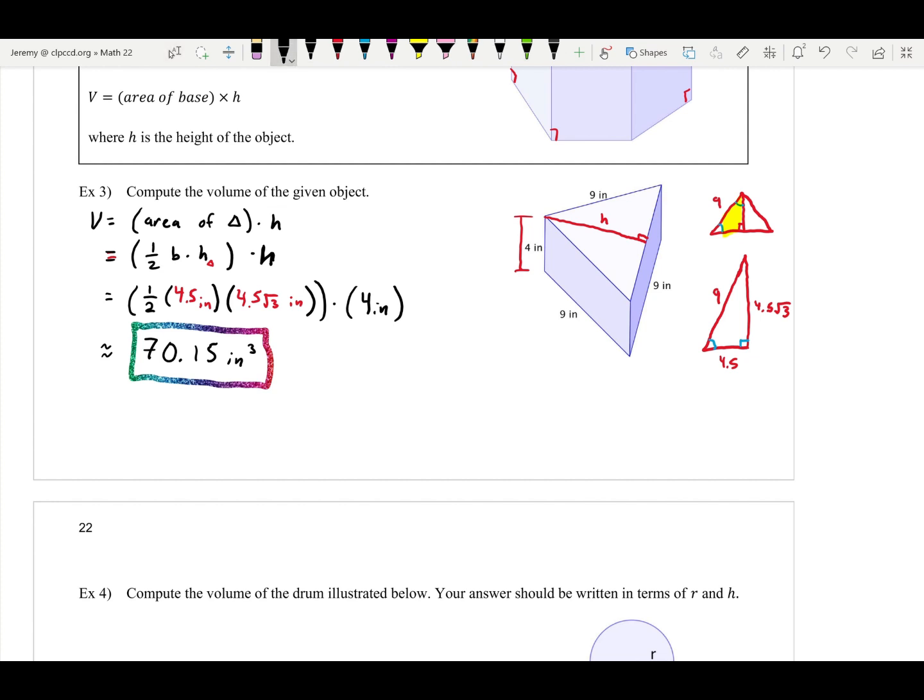You could have gotten an exact answer here. I would have written it a little bit differently. To get an exact answer, I would have written 1/2 times 9/2 for 4.5, and I think I would have gotten 81√3/2.